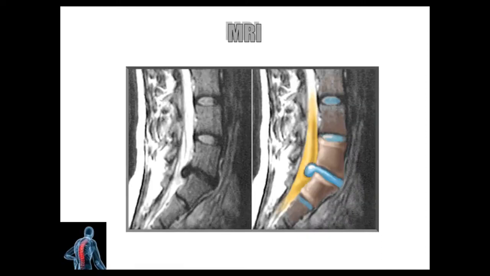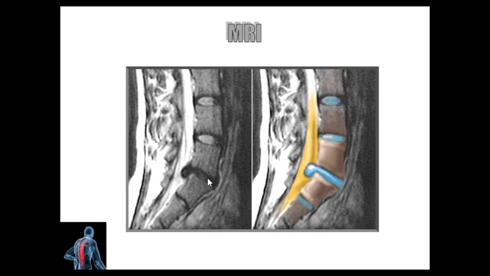Take a look. In a normal MRI examination, we will see intervertebral discs, the first one, second one, and last one. That is the sacrum, S1 vertebra. This one is L5. This one is L3. Take a look at the normal disc color. If the disc is not degenerated, the color is white.